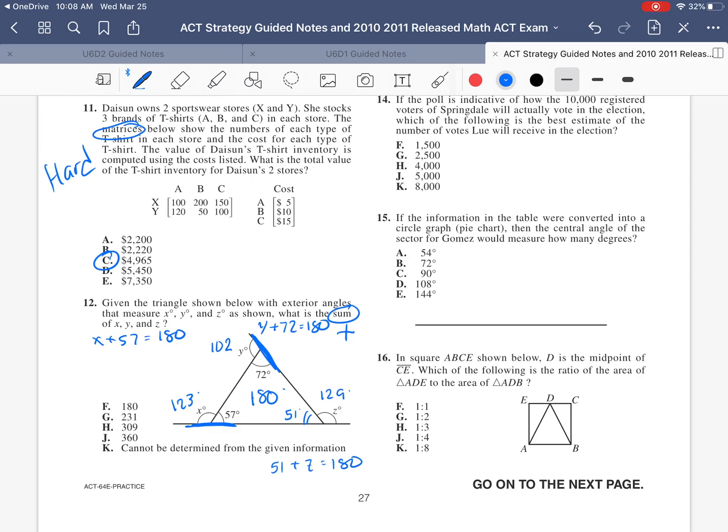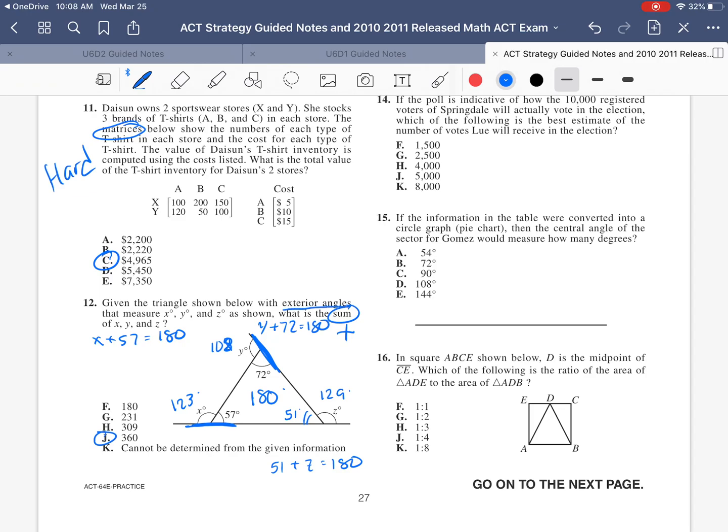So I do 129 plus 123 plus 102. Oops, this should be 108. Apologies. That should be 108, in which case you'll get 360 degrees.